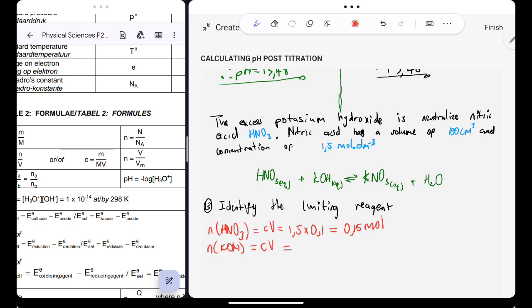Remember that the concentration of my base is 1.2, and the volume which was in excess in the previous reaction was 100 cubic centimeters, right? So I'll simply multiply by 0.1, and then I'll get 0.12 moles.